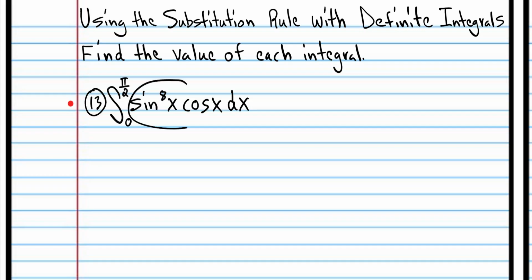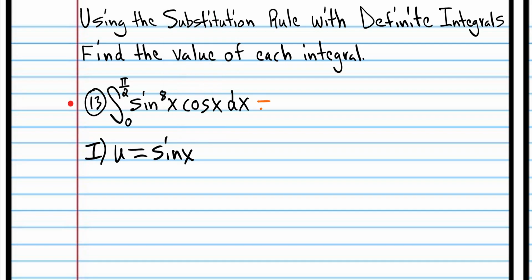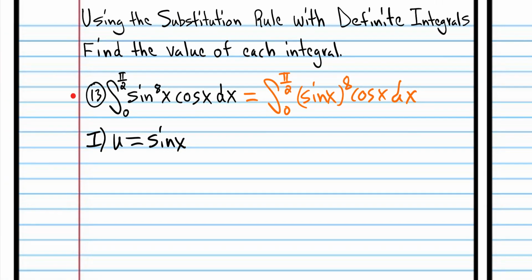Now you can see that this is a complicated expression. That's why we need to use substitution. So step 1, what are we going to make u? Well, u is usually the inside function, and it might be good to rewrite this integral in a way that's easier to understand. So if we use parentheses, we can see what's going on, because many students get confused by this 8 being here.